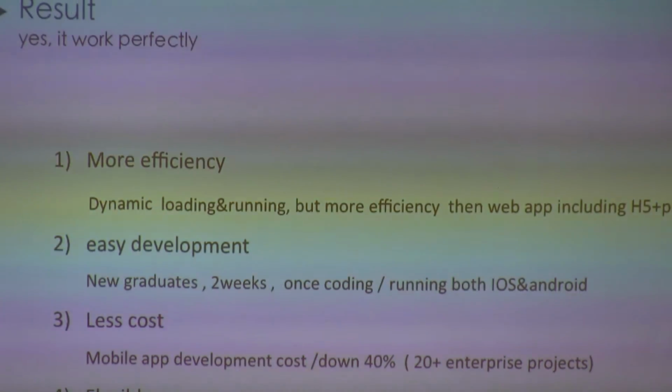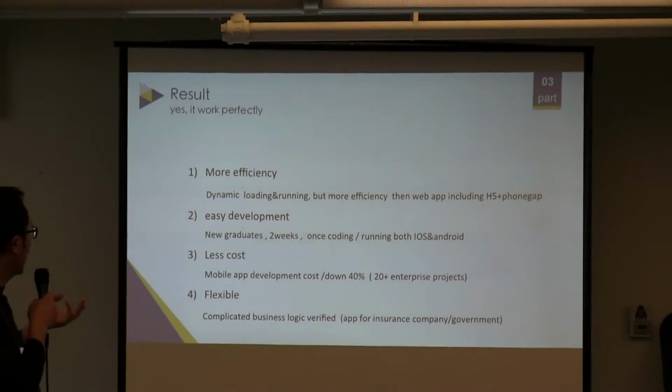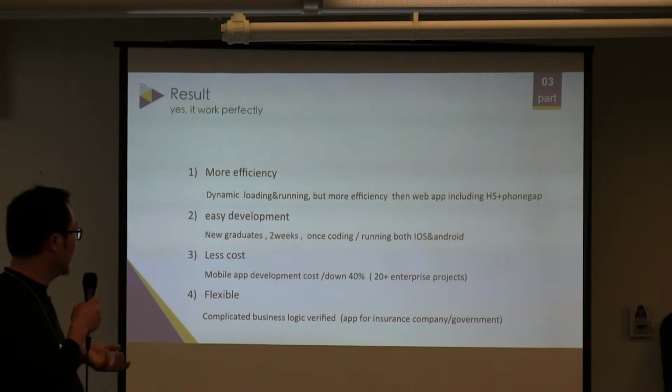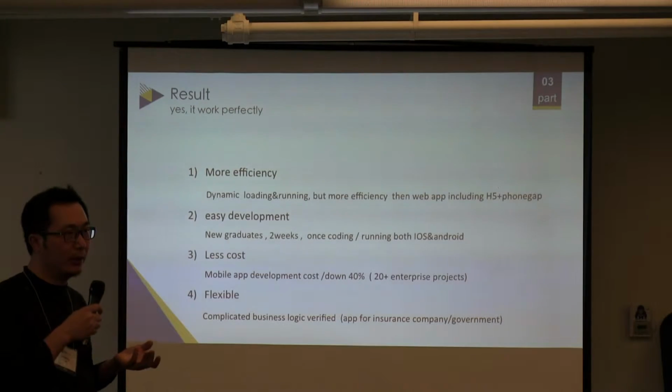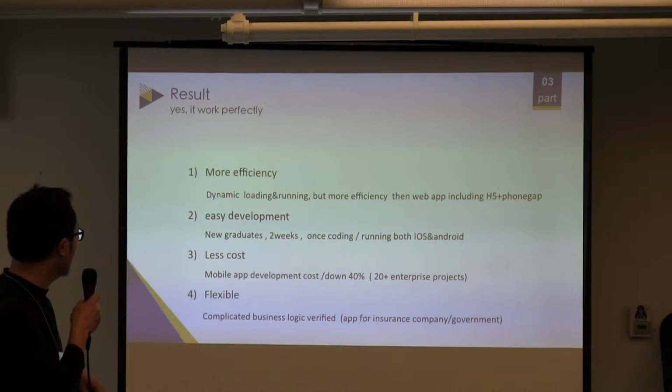So let's go ahead. The enterprise mobile market requirement we see today is more efficiency. It can do dynamic loading and running, but more efficiently. The web app, including H5, has easy development.